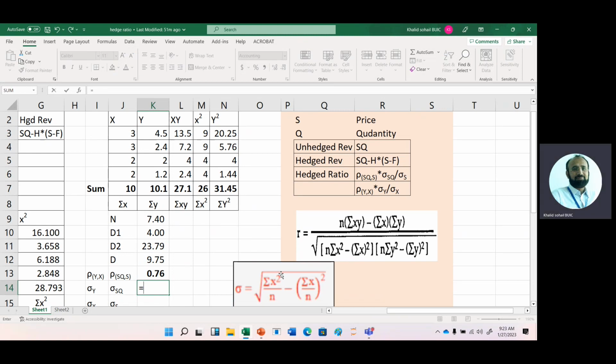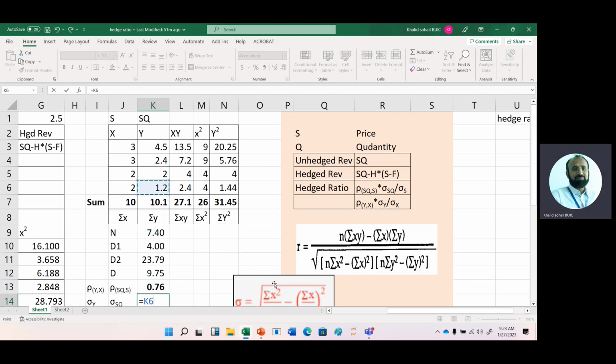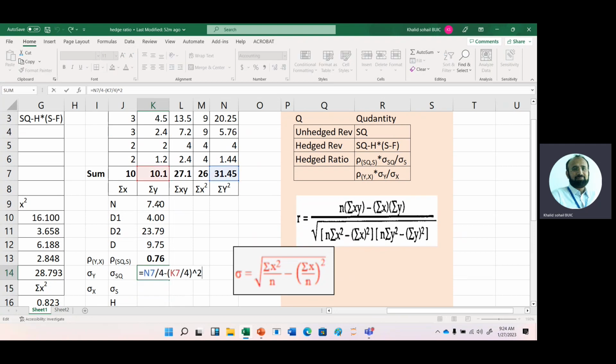Now this is the y column basically, summation y square by n minus summation y, because we have the y variable where we want to calculate the standard deviation, divided by 4 power 2, and then take its square root, power 0.5. That is 1.22.